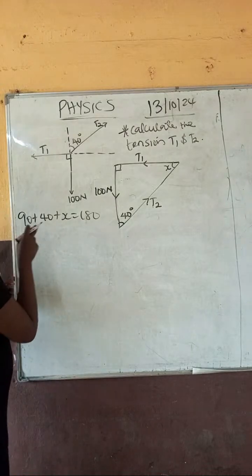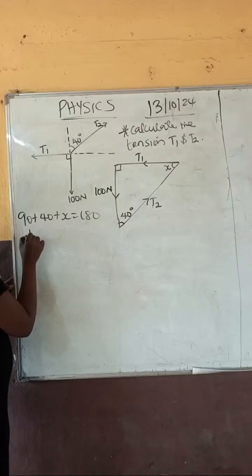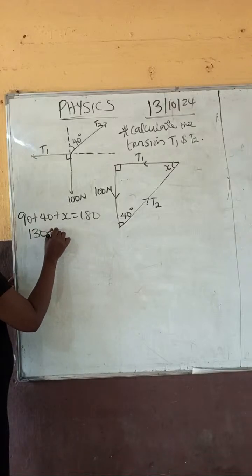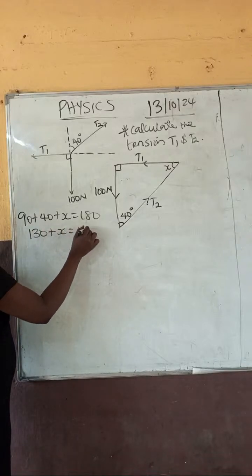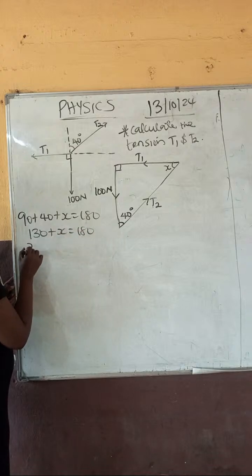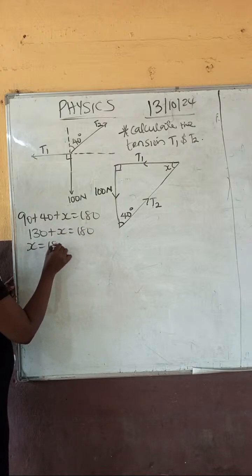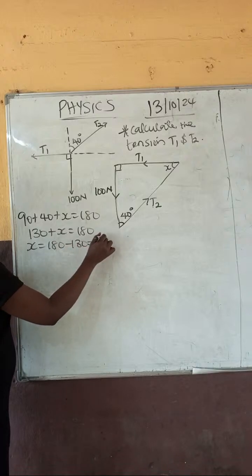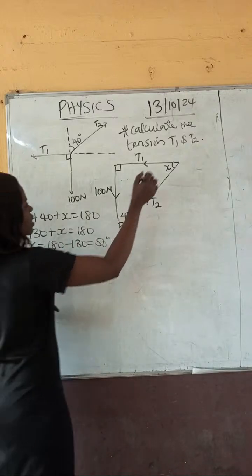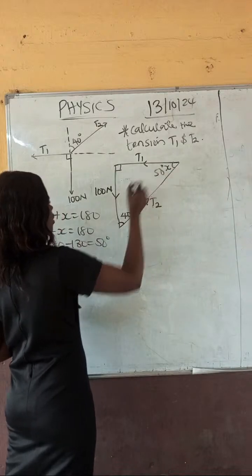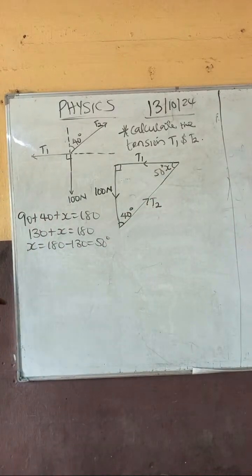Okay? So 90 plus 40 is going to give me 130 plus x is equal to 180. Okay? X is equal to 180 minus 130, which will give me 50 degrees. So that means this my x here, I've gotten it to be what? 50 degrees. So what do I do next?